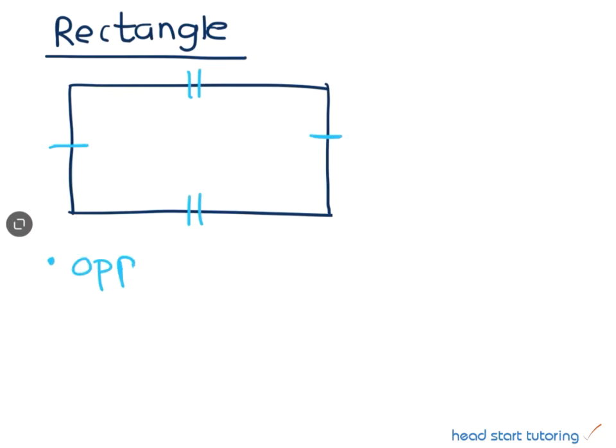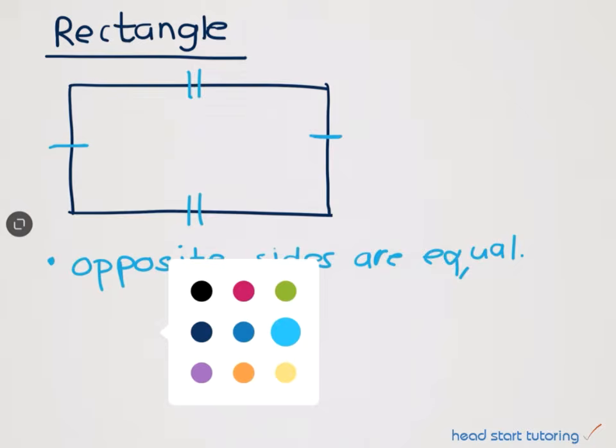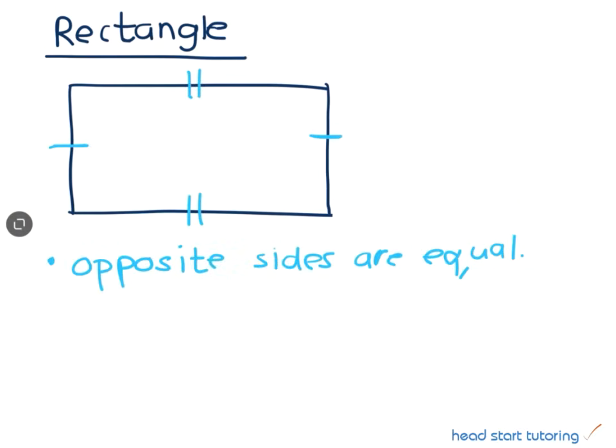Opposite sides are equal. Right, let's have a look at another one of our properties. Just like the square, we have got right angles for all the angles in our rectangle.